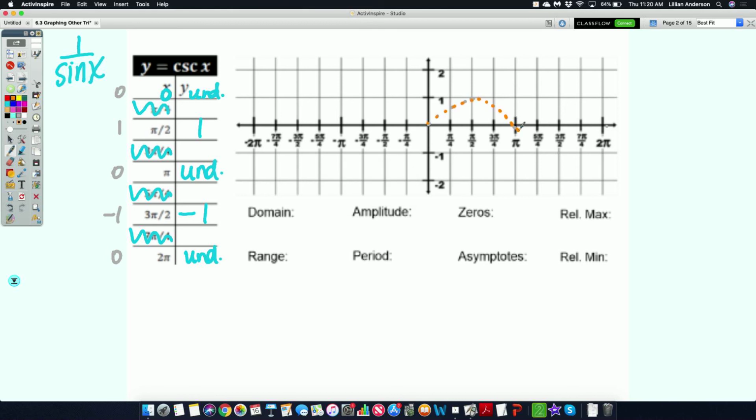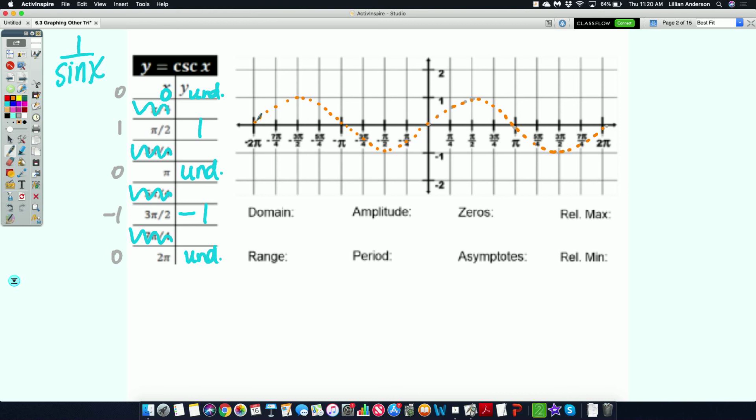So I'm going to go ahead and put sine in here. Okay? And if I follow that same pattern going in the negative direction, I should go down, right? Then back up to 0. Then up to 1, then back to 0. That is the graph of sine.